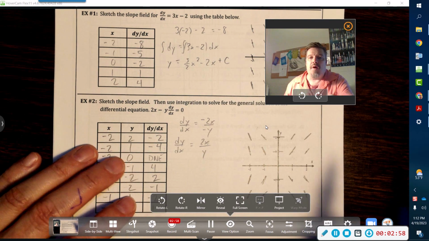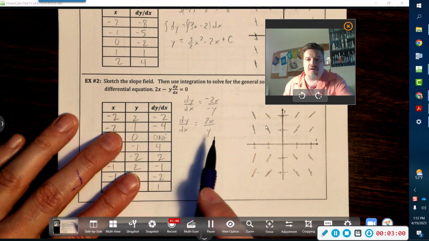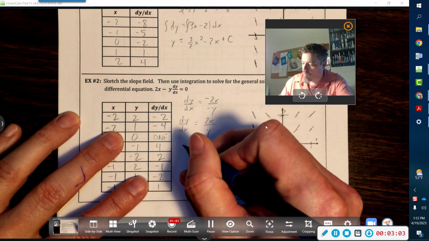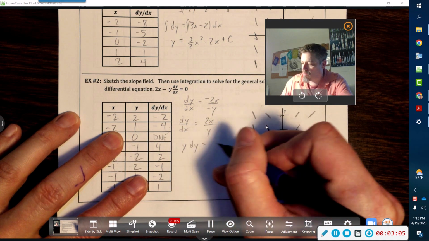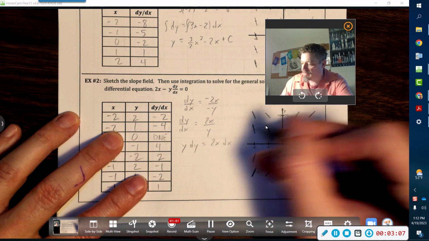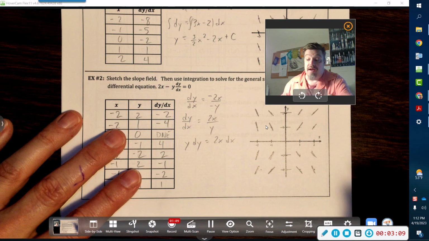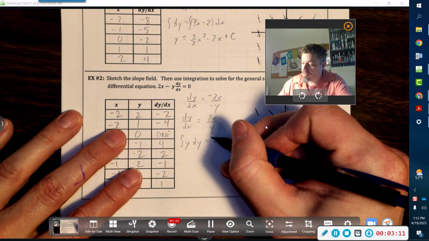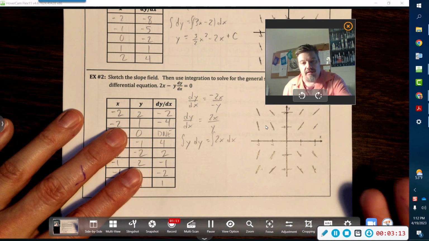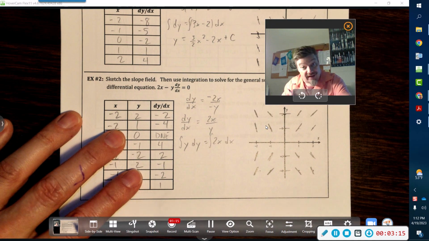But actually this is cross multiplication. So I get y dy equals 2x dx if I cross multiply. And when I integrate both sides, I've got two of them, right?